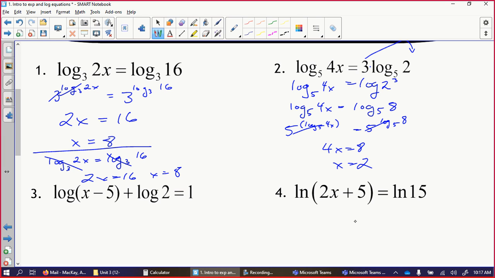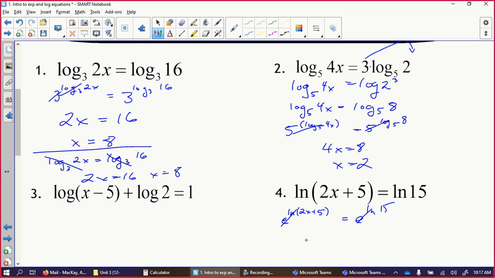Look at this one and call it a day, because that has 2 logs on one side. Ln of 2x plus 5 equals ln of 15. E to the ln of 2x plus 5 equals e to the ln of 15.